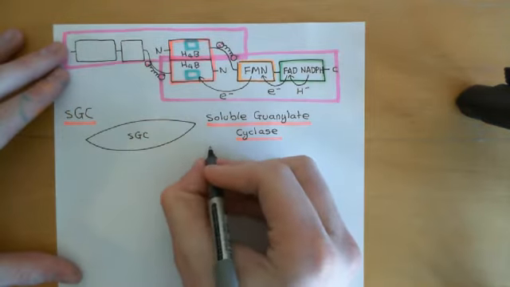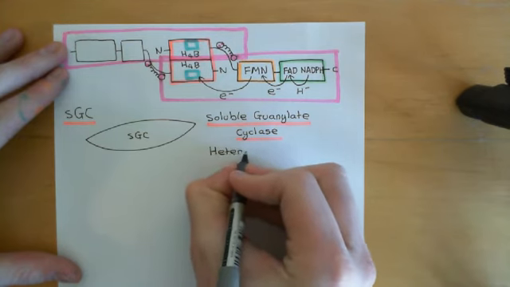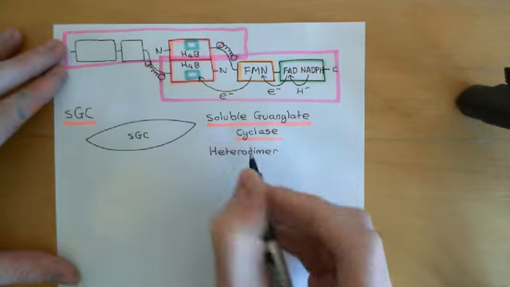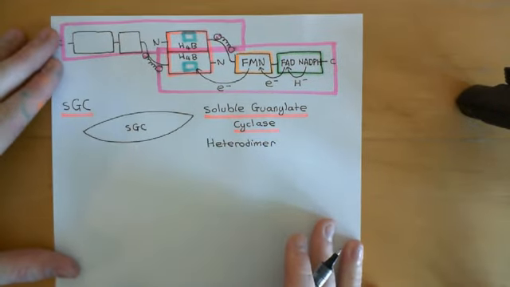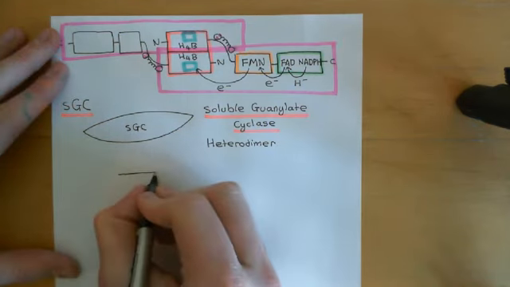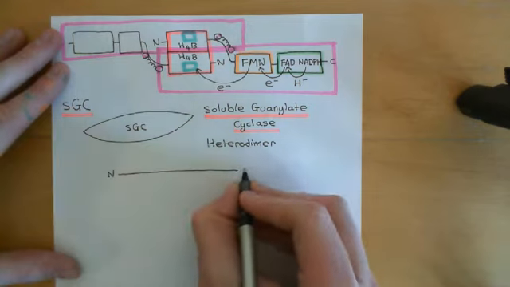Soluble guanylate cyclase enzymes are heterodimers. They're made up of 2 separate subunits, that's what dimer means, and each of the 2 separate subunits are different, hence heterodimer. If I draw these proteins schematically, I'll draw their primary structure here.